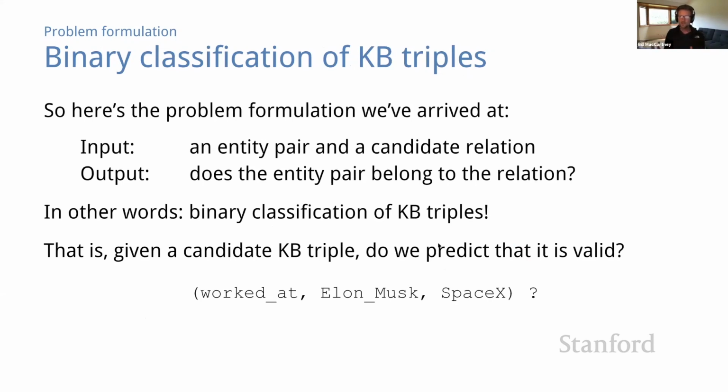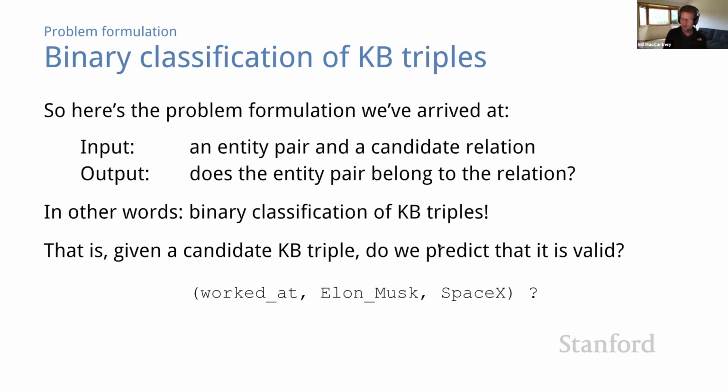So I want to sum up a little bit. We set out to establish a precise formulation of our prediction problem. And when we put all the pieces together, here's the problem formulation we've arrived at. The input to the prediction will be an entity pair and a candidate relation. The output will be a Boolean indicating whether the entity pair belongs to the relation.